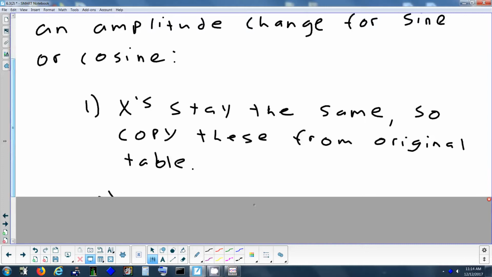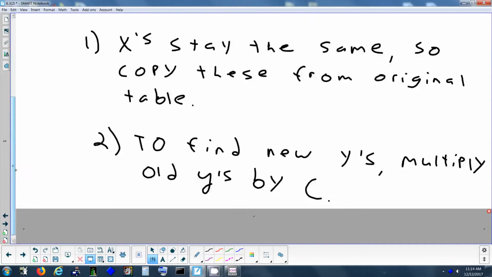Yeah. 1, 0, negative 1. So all you have to do is arithmetic with a 1, a 0, or a negative 1. Very easy. Okay. To find the new y values, multiply the old ones by c.